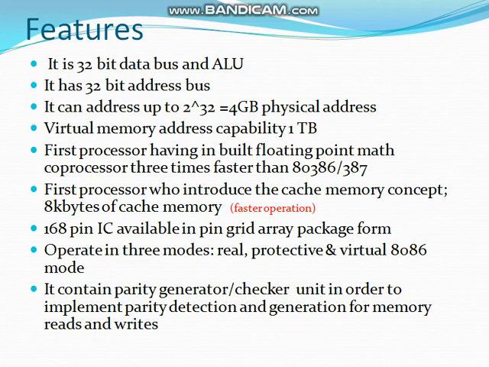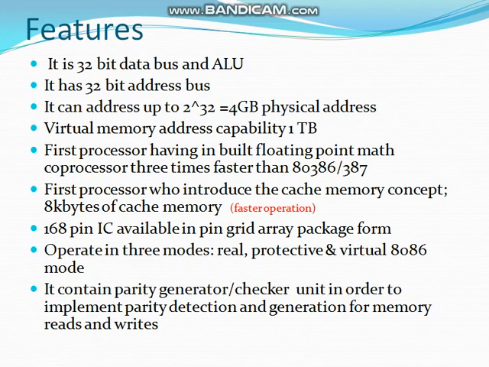It has the same 32-bit address bus. Due to this, it can address up to 2 raised to the number of address lines. There is 4 GB of physical memory address space, and using the virtual memory concept, it can address up to 64 terabytes.